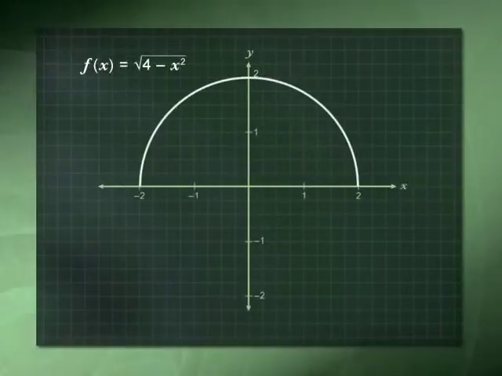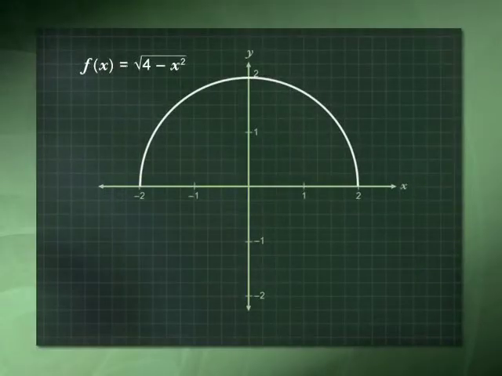Let's look at a case where we have a function defined on a closed interval, where we have to look a little closer at what happens at the endpoints of that interval. I'd like to look at the following example. It's a semicircle. It's the square root of 4 minus x squared. Here's a picture of that semicircle.